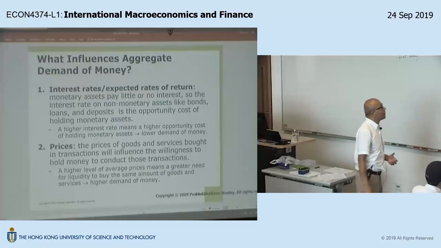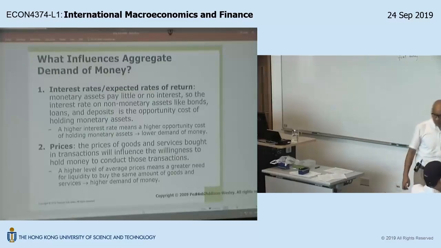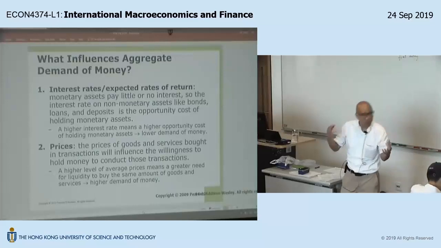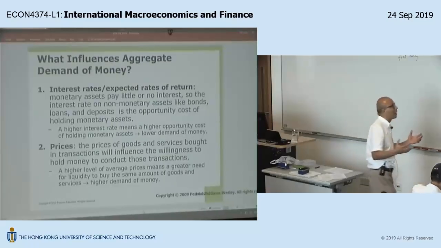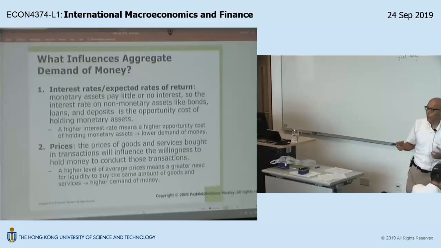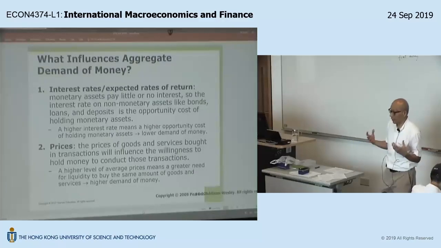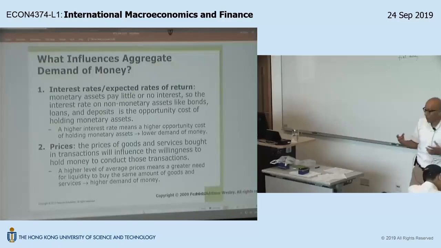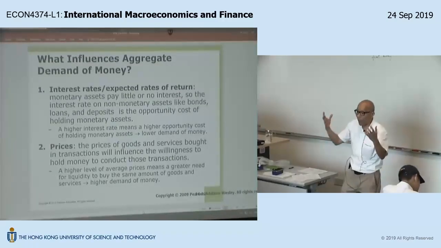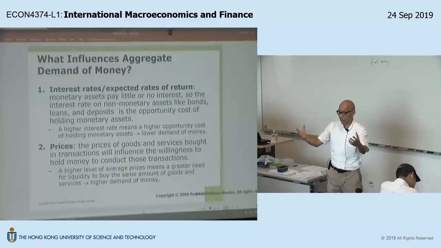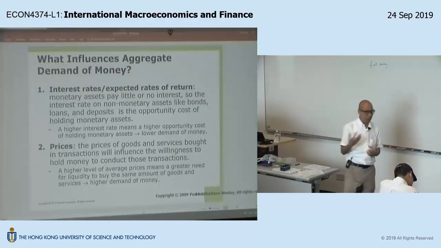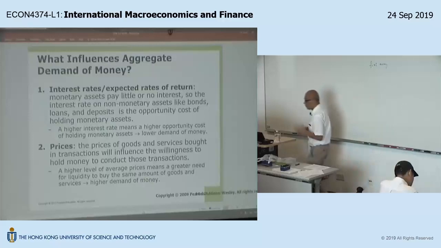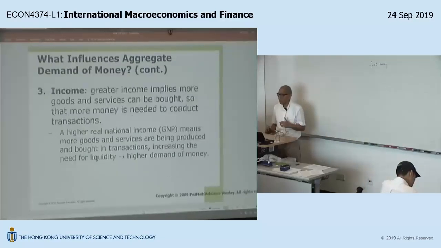The second factor that affects the aggregate demand for money is the general price level. If the general price level is high, then there's higher demand for money, because you need money for transactions. So: interest rate, price, and then income.